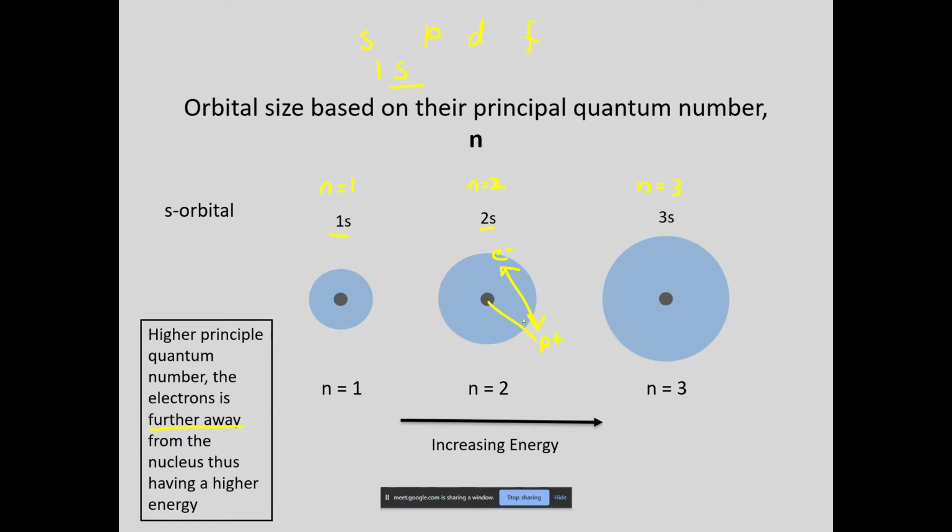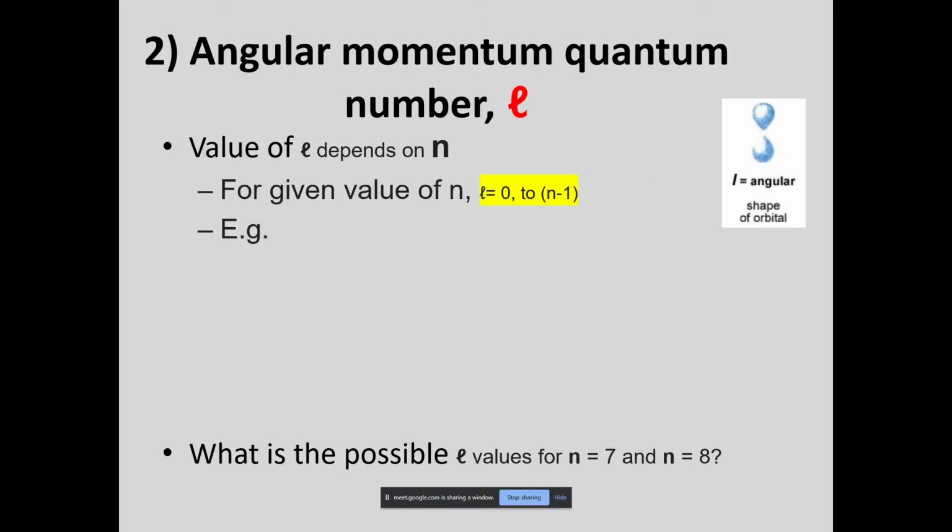Okay, so now let's see on angular momentum quantum number. Ni yang saya cakap tadi, some books call it azimuthal quantum number. So this is angular momentum quantum number. It determines the shape of the orbitals. And it is step by step.